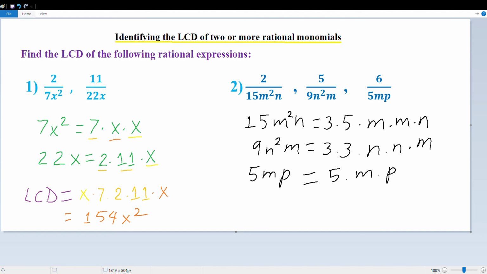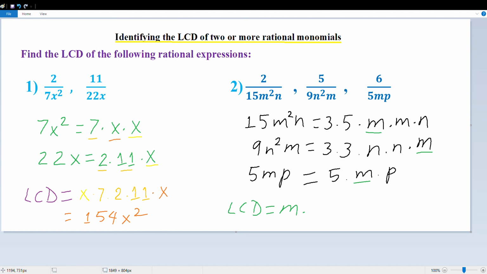Now I'm gonna go ahead and look for the common factors among these three terms. So here, as you could see, m is common among all these three denominators. So I'm gonna rewrite this m here. Now we don't have any other factors that are common among these three denominators.